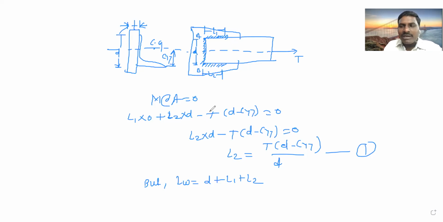How many sides do we have welded? Three sides. In type 1 we have seen LW is L1, L2 and D. The addition of these three is nothing but LW. Now here we have calculated only L2. So now L1 is equal to what? L1 is equal to LW minus D minus L2. This is equation number 2.